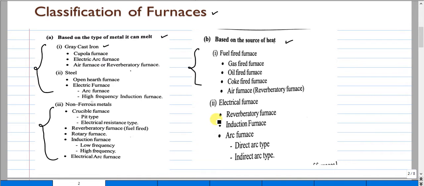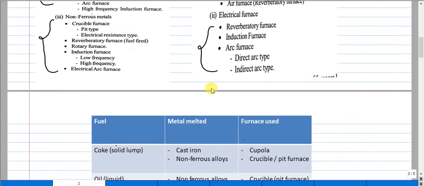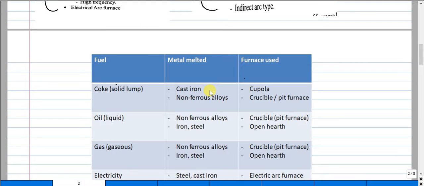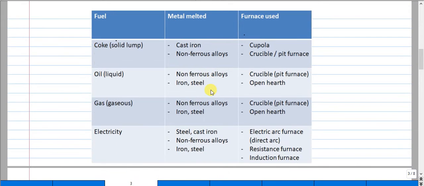If you are supplying the current, we have the following categories coming under the source of heat as electrical current: reverberatory furnace, induction, arc. In that arc we have direct and indirect type.